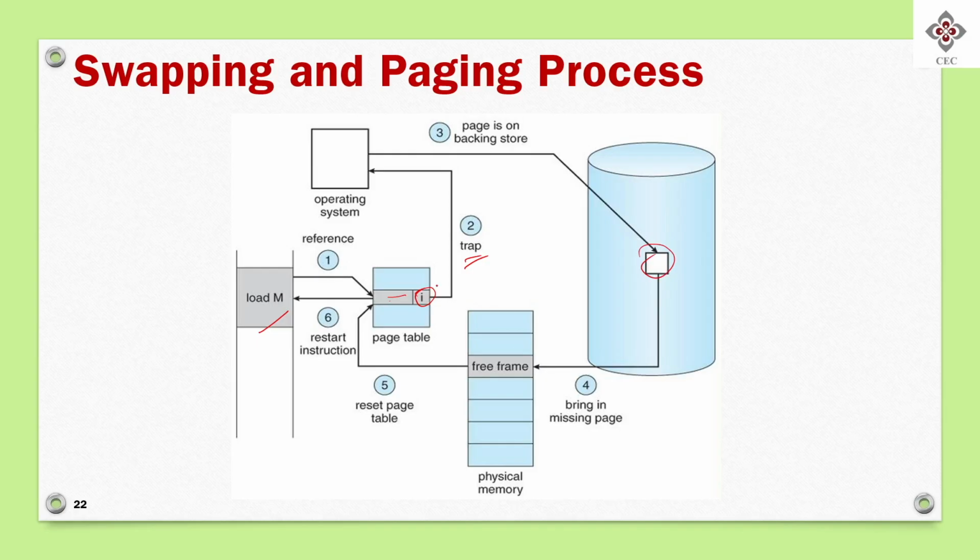So, 1, 2, 3, 4. Now the missing page is filled. Since the new page is filled in the free space, you have to update the page table, that is, reset the page table. After resetting, the current page is available. Now, the load instruction will be executed again. Instead of a page fault, a page success will be generated.